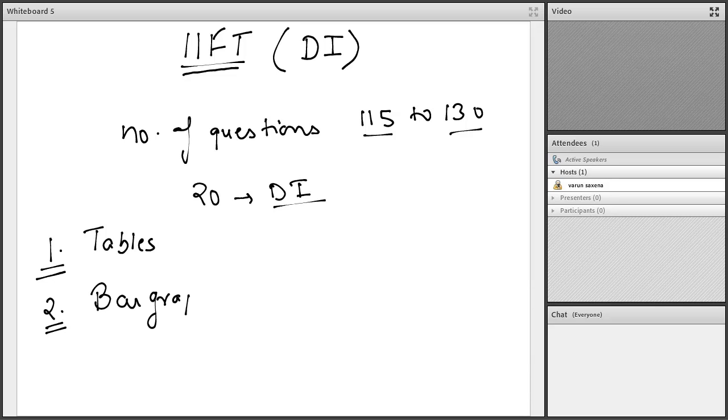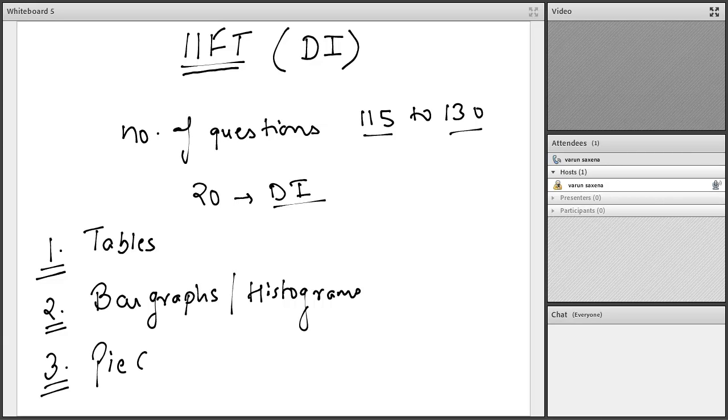The second one is bar graph, or you can call it histogram. And third one is parts. These three topics are very, very important in IIFT as far as DI is concerned. But in CAT, these topics are not that important.